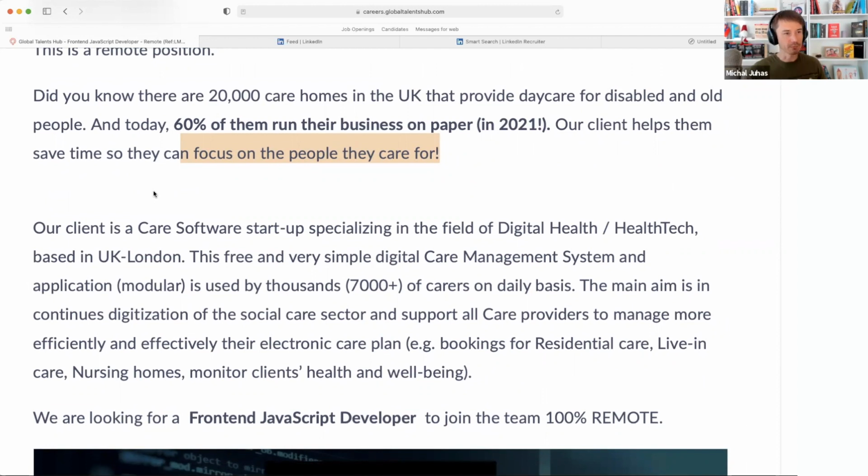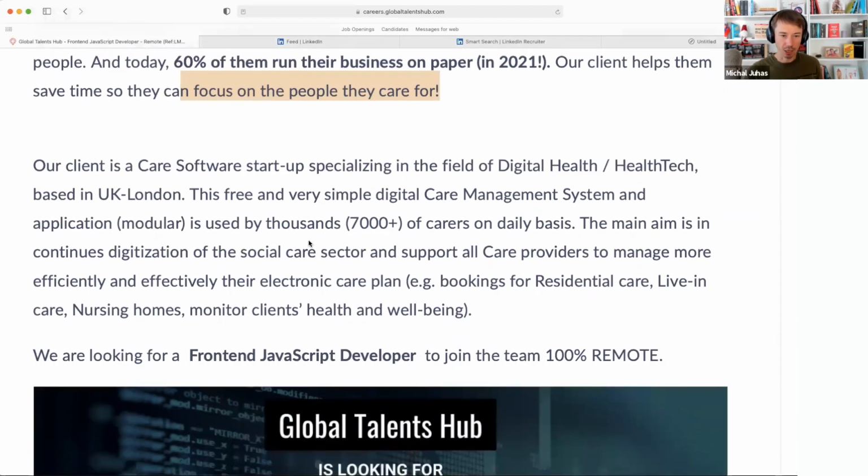It's not any boring website. They have a really cool platform. They are getting quite decent traction. Over 7,000 people are being tracked on this platform. If I recall correctly, about 500 care homes have already adopted this system.